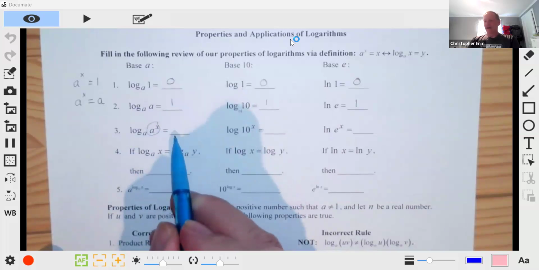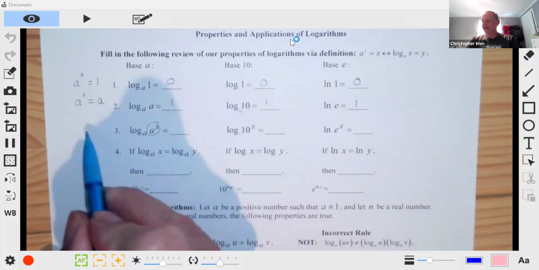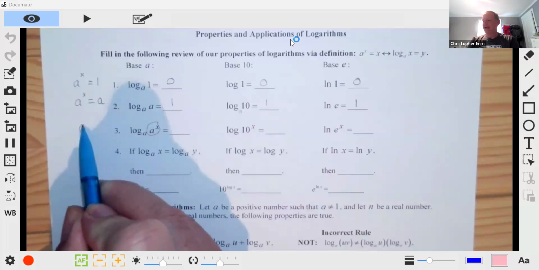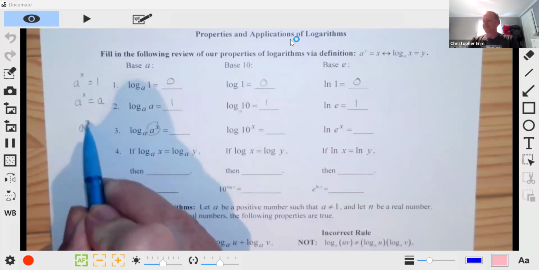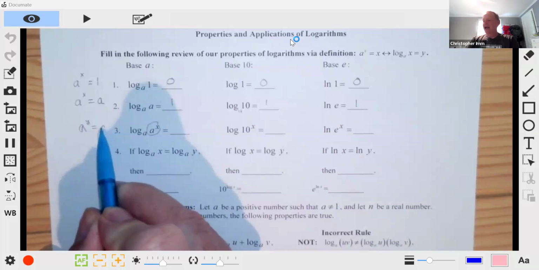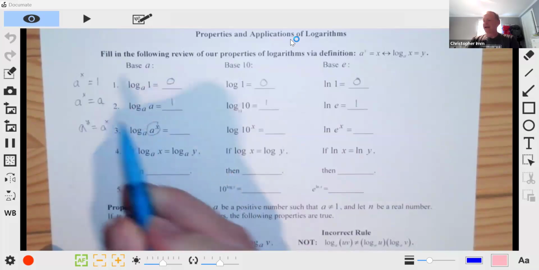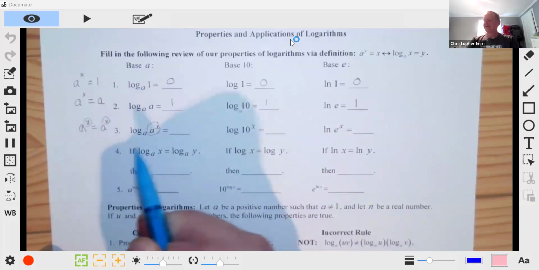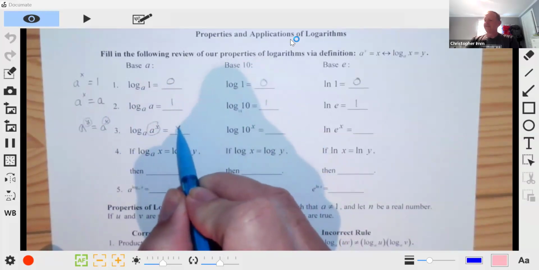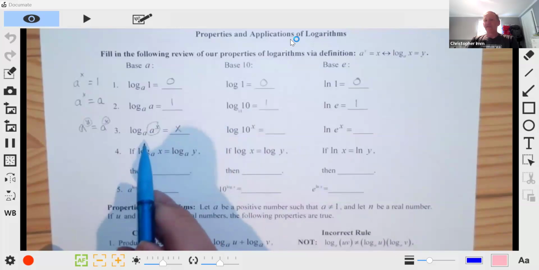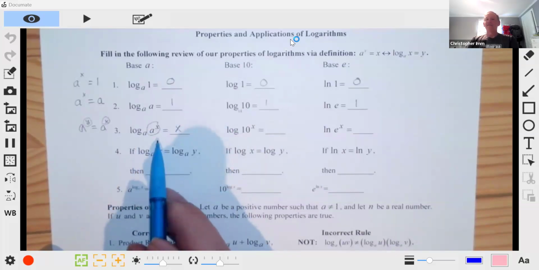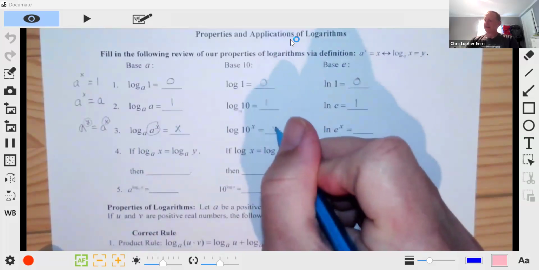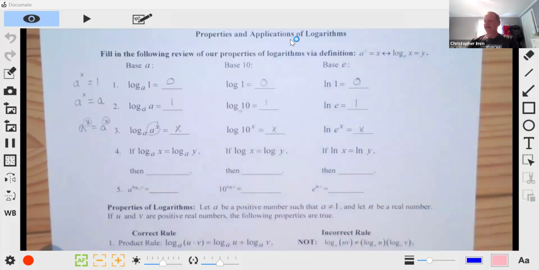If we wanted to call this output y, we could say by our rule, base a to the y is equal to a to the x, and then that y would equal the exponent x. So whenever we take a log of a certain base of that exponential function with the same base, we get the exponent back. In all these cases, we get x.